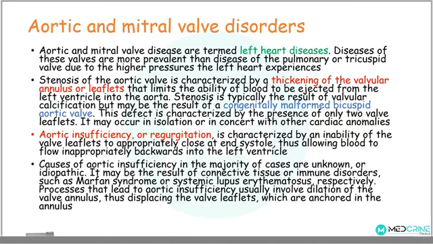The causes of aortic insufficiency in the majority of cases are unknown, or idiopathic, but they may result from other connective tissue disorders or immune disorders, for example, Marfan syndrome or systemic lupus erythematosus. The processes which lead to aortic insufficiency usually involve a dilation of the valve annulus, therefore displacing the valve leaflets which are anchored into the annulus.